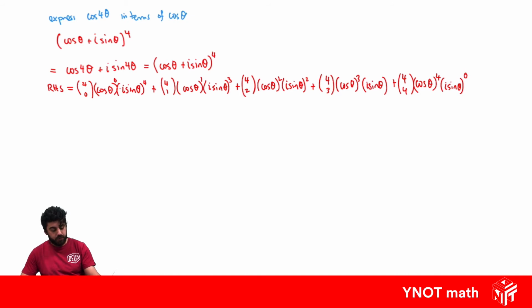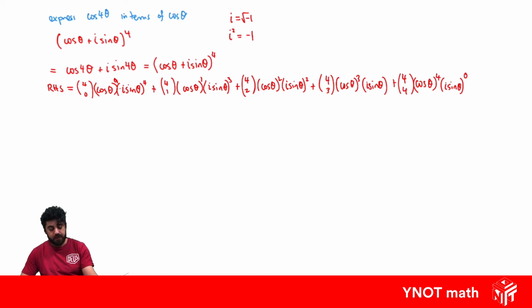Now, in order to help us do this, we know the definition of i is it equals the square root of minus 1. And when we square both sides, we get i squared equals minus 1.